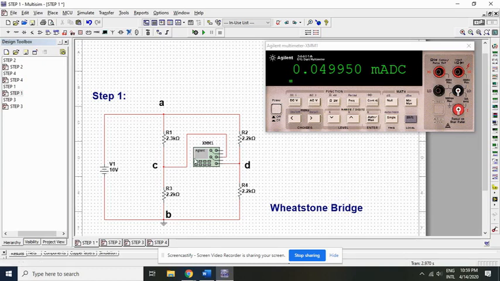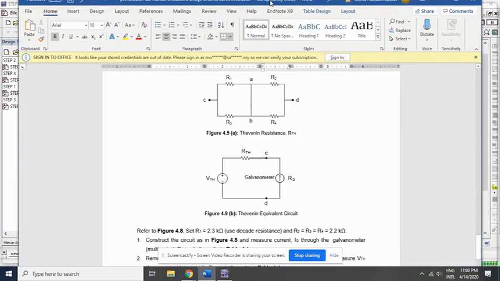From our simulation, between terminals C and D I've put our multimeter. The current reading is 0.04995 milliampere, or almost 49.95 microampere.